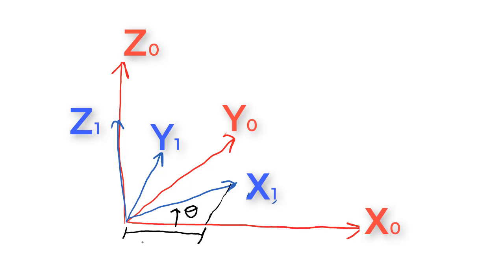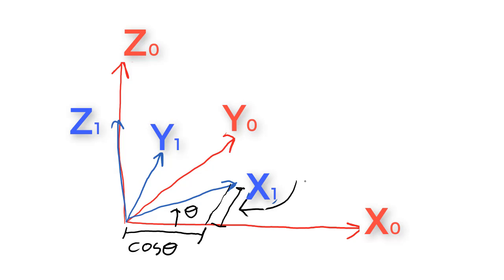Let's use what we know about sines, cosines, and tangents. Now, the cosine of theta is equal to the adjacent side over the hypotenuse. So the cosine of theta is the projection of x1 on x0. The sine of theta is equal to the opposite side divided by the hypotenuse.